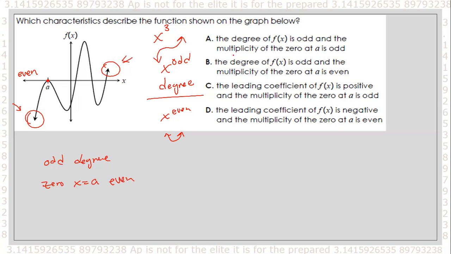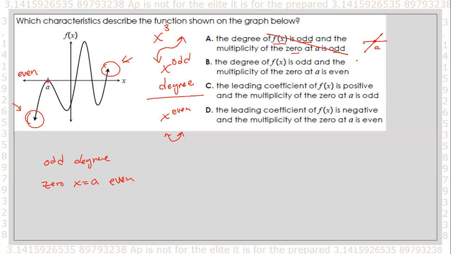So let's look at these multiple choices. We have the degree of f of x is odd. Oh, that's good. But the zero is odd. No, it's not, because that would mean it would cross at A, and it does not cross at A. It touches. B tells me that the degree of the function is odd, and the multiplicity at A is even.